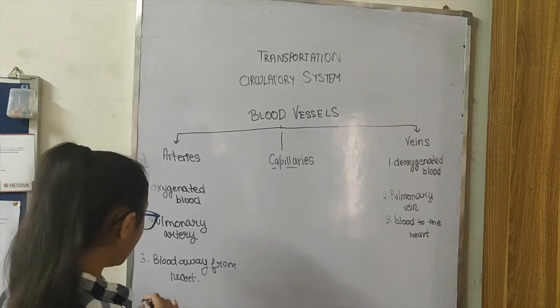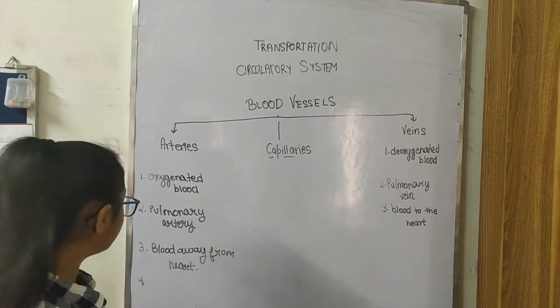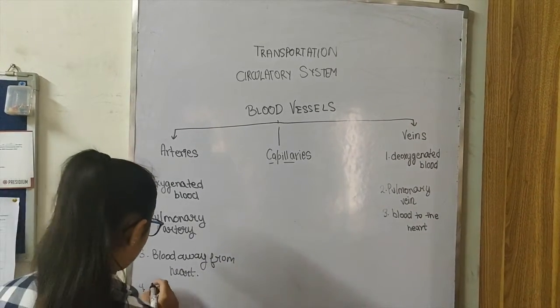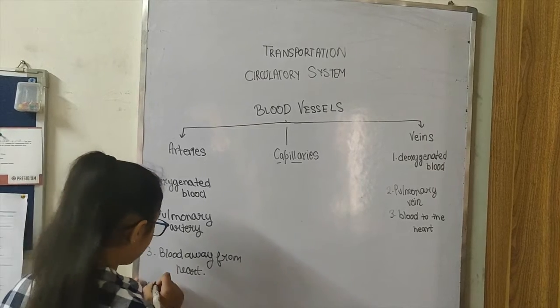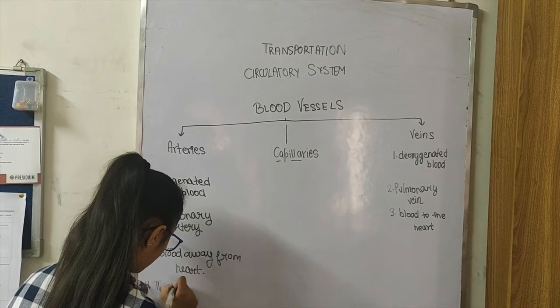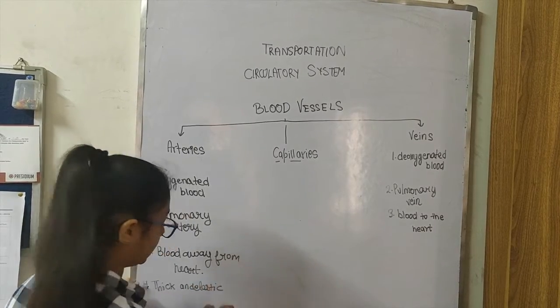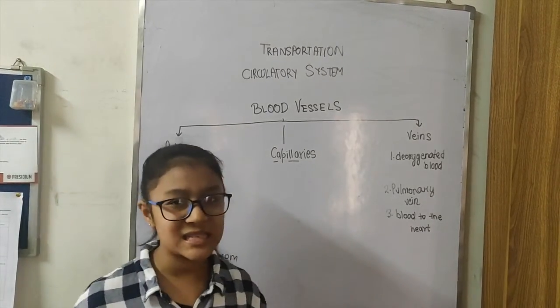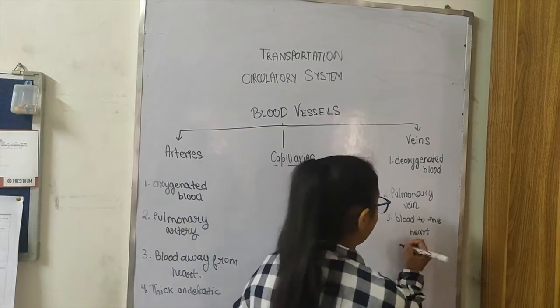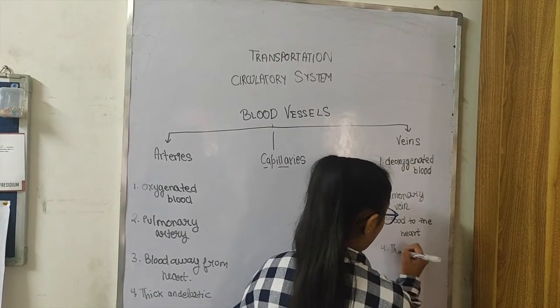Here's another thing. The pressure inside the arteries is high. So the arteries are thick and elastic. But pressure inside veins is very low. So they have thin walls.